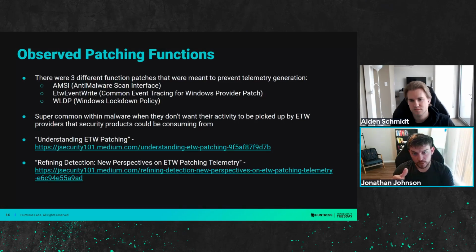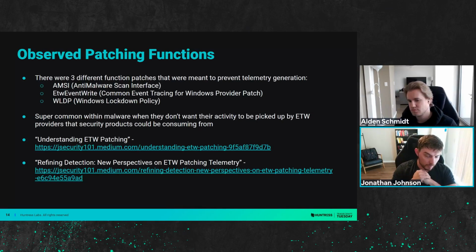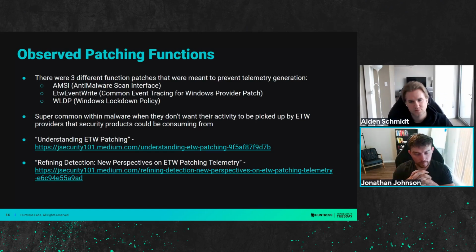I'm going to dive into some interesting patching functions that we will get into here in a moment. But before that, I wanted to give a little bit of background. There are 3 different functions in here that will attempt to perform something called ETW patching. We'll call it function patching right now, but it does this for 3 different functions or functionalities.